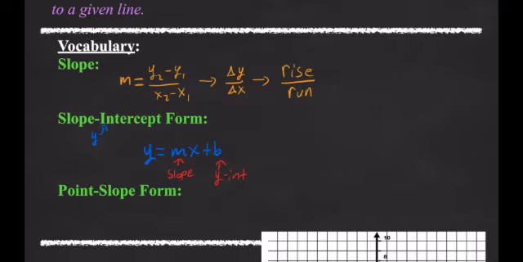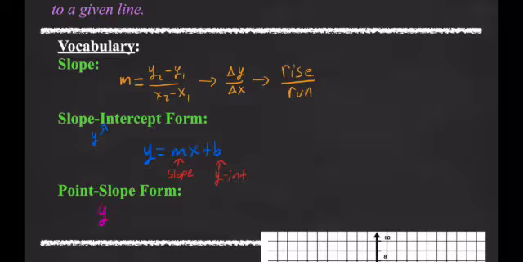Point slope form. This one is also a very useful format to know. The nice thing about this one is it gives you a point and it also gives you the slope. Hence why it's named point slope form. And we really were not that creative whenever we came up with these names. The names literally say what you know about it. The equation for point slope form is this.